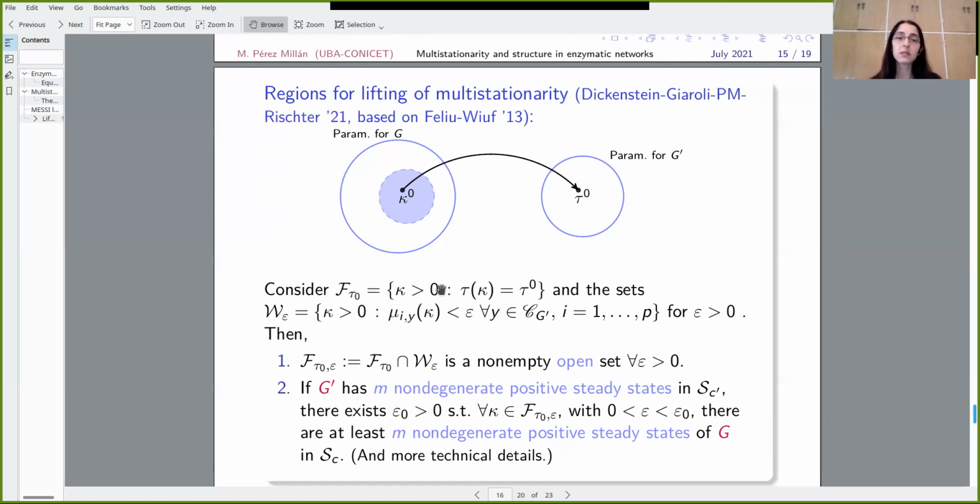So we have this result where we say that if you have parameters for the smaller network where you have M non-degenerate positive steady states, you can go to the bigger network and have not just one choice for parameters to gain multistationarity, but an open set of parameters where you also have in the bigger network M non-degenerate positive steady states.